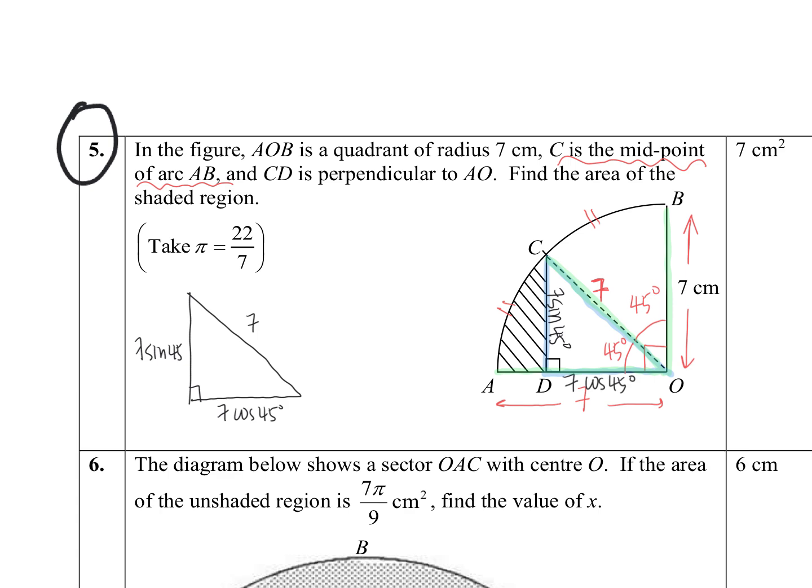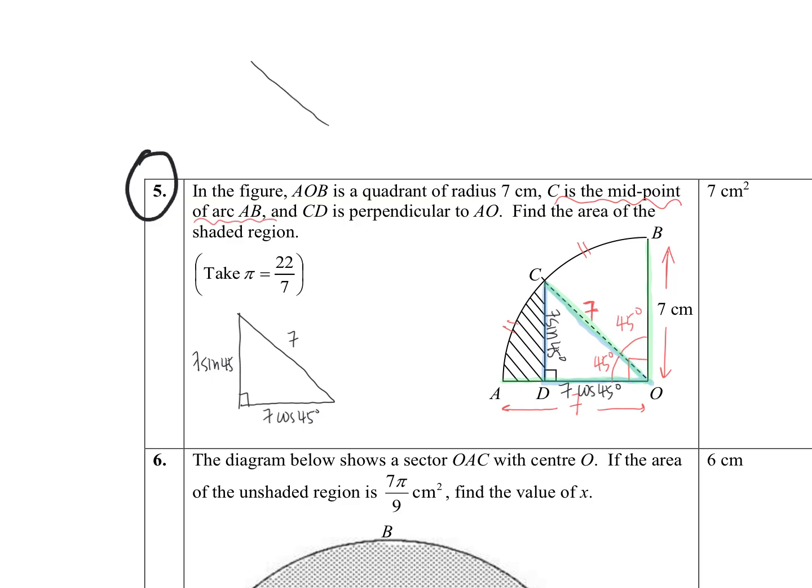Okay, my objective is to find that little shaded part, right? So first of all, I need to find the area of this part: 45 degrees out of 360 times pi r squared. I need to find the full sector area, this whole red portion.